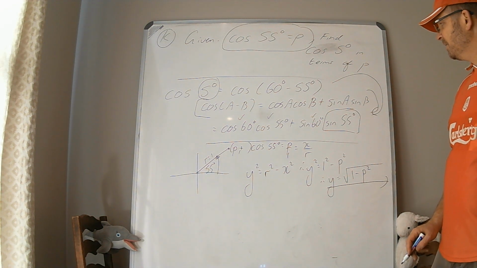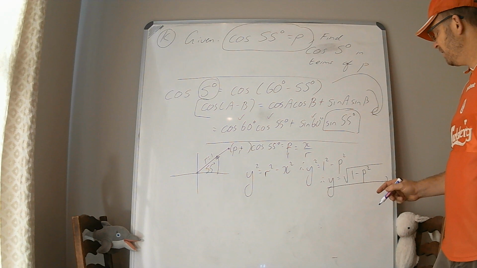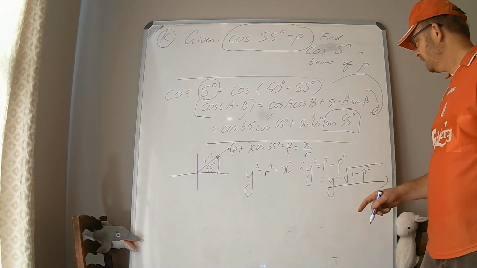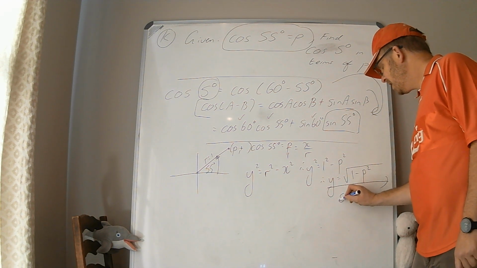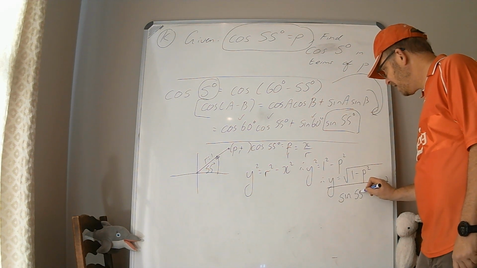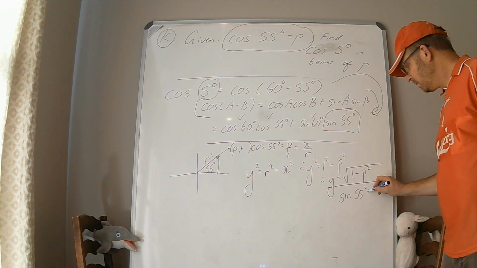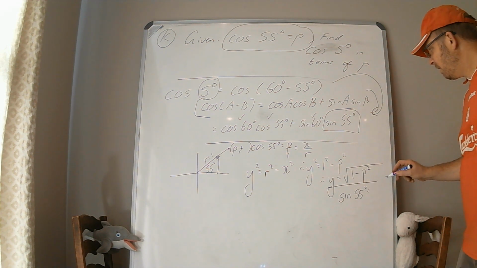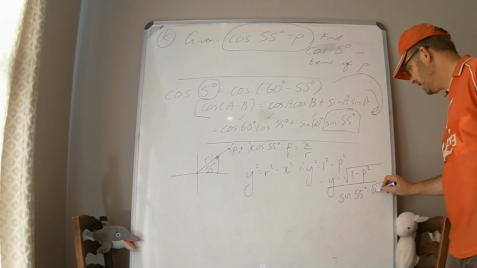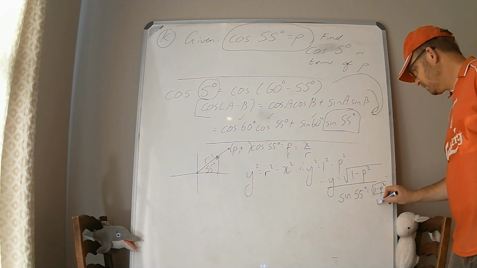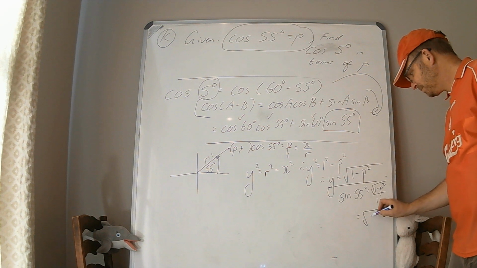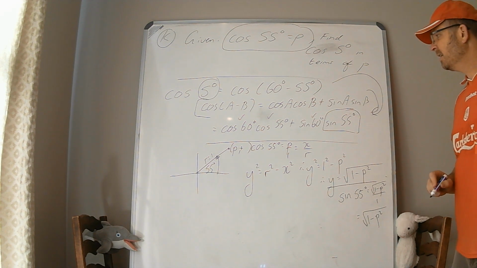So in other words, for 55 degrees the y coordinate is equal to root 1 minus p squared. So sine of 55, which is what we're looking for, will be equal to y, which is root 1 minus p squared, over r, which is 1. So in other words, it's just root 1 minus p squared.